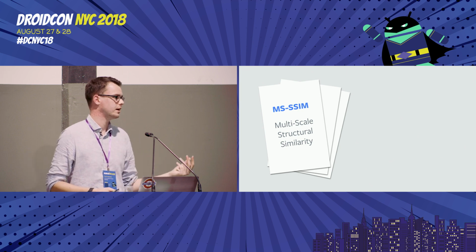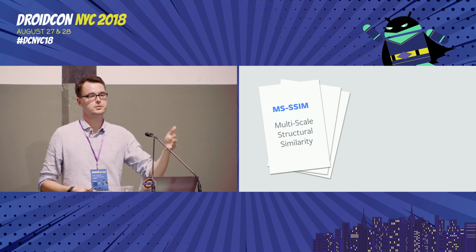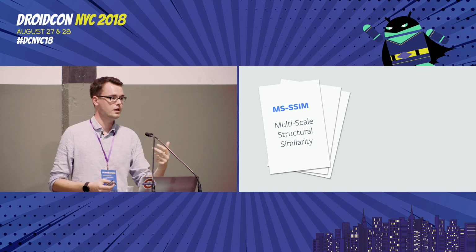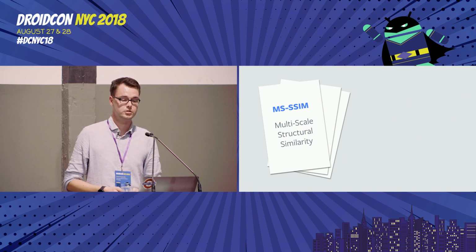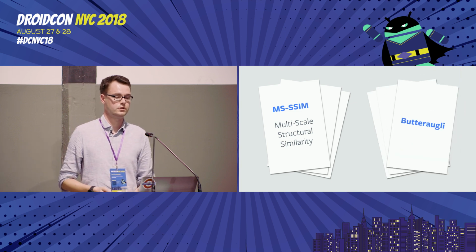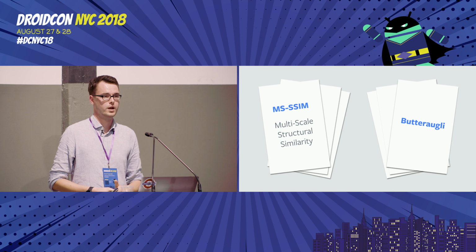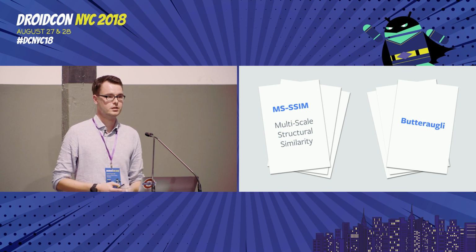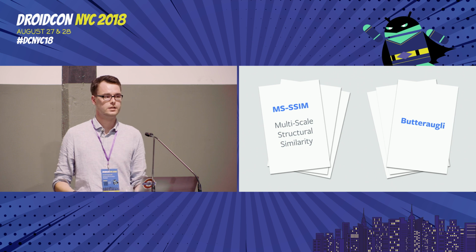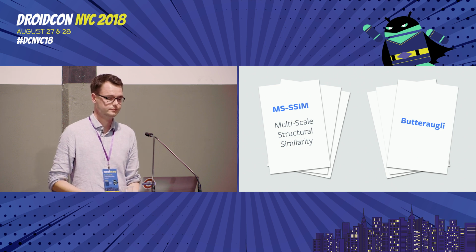The multi-scale part just means that we execute it multiple times at different resolutions, and by that simulate that a viewer might have a different distance to our images. In the Android world, you often also see Butteraugli, which generates a similar result but uses different underlying principles to get there.